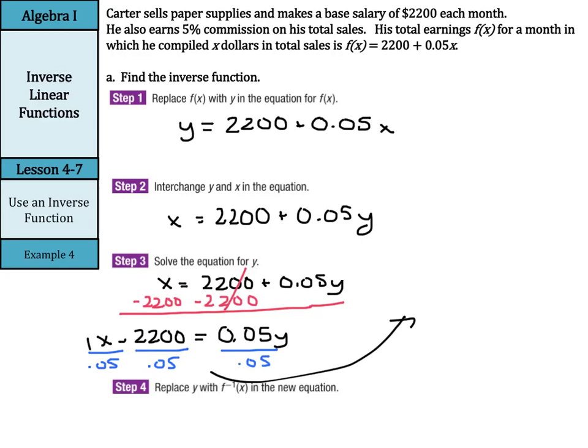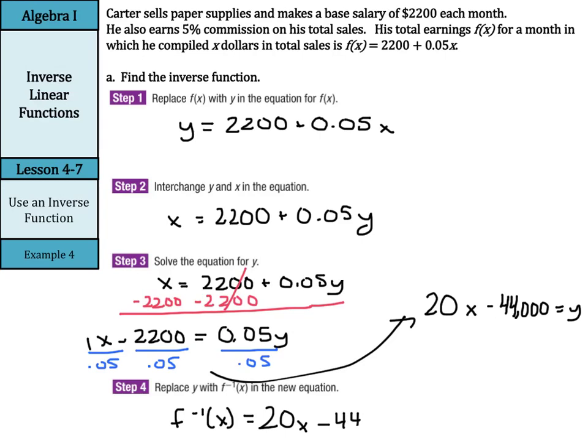If you were to type in 1 divided by 0.05 into a calculator, believe it or not, you would get 20. So this is going to be 20x, and 2,200 divided by 0.05. We're going to have minus 44,000, and that's going to equal our y. So then we get to replace that y, so we'll have f to the negative 1 of x is going to equal 20x minus the 44,000.